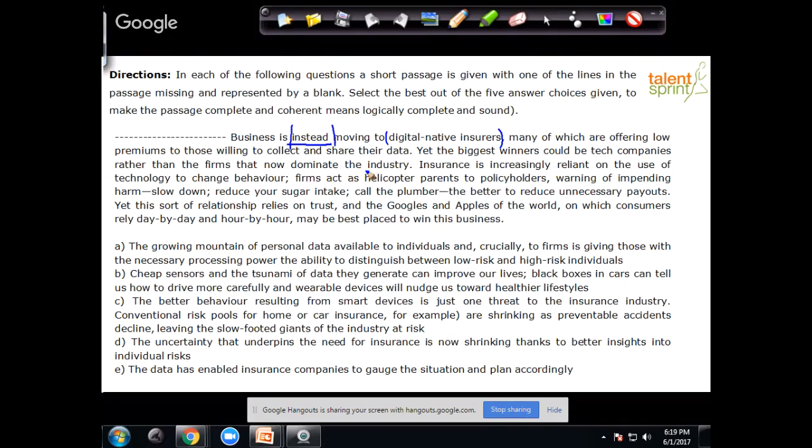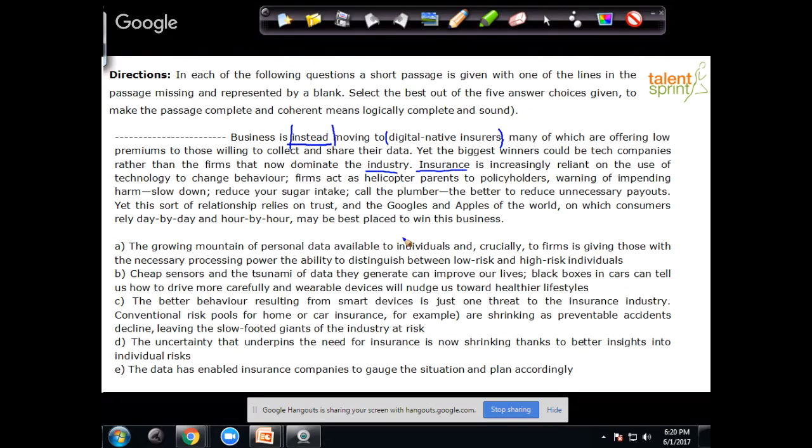which industry are they talking about? Insurance, right? That seems to be pretty much what is discussed here. So when you have already targeted this industry, the business in this industry is instead moving to digital native insurers, which means they are advancing to something technologically savvy.